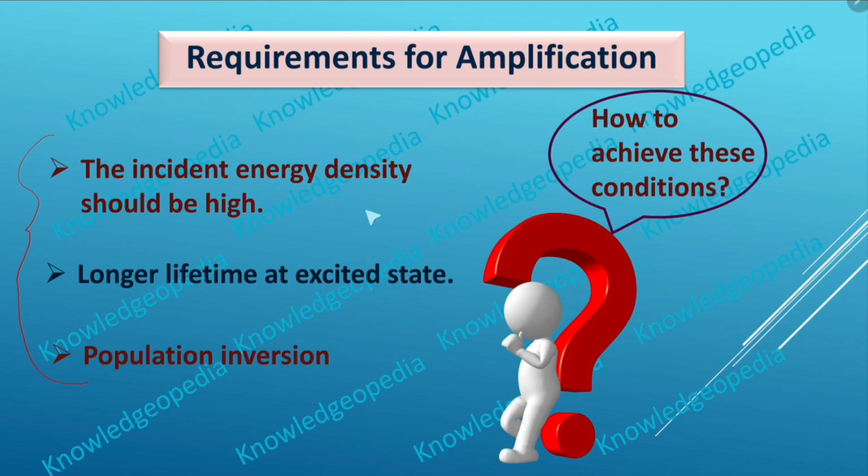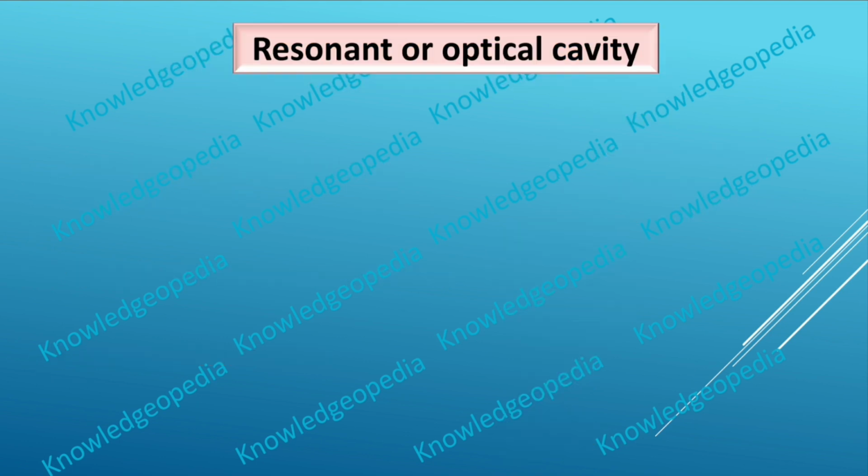The first condition we need to satisfy is that the incident energy density should be high. To make this energy density high, we use an arrangement known as a resonant or optical cavity. What is this resonant cavity or optical cavity?